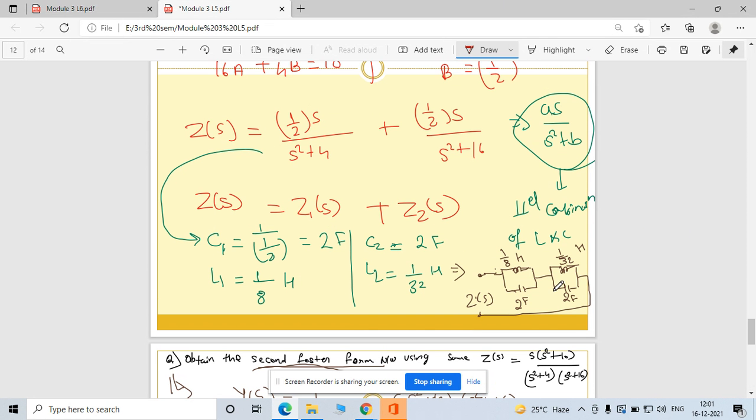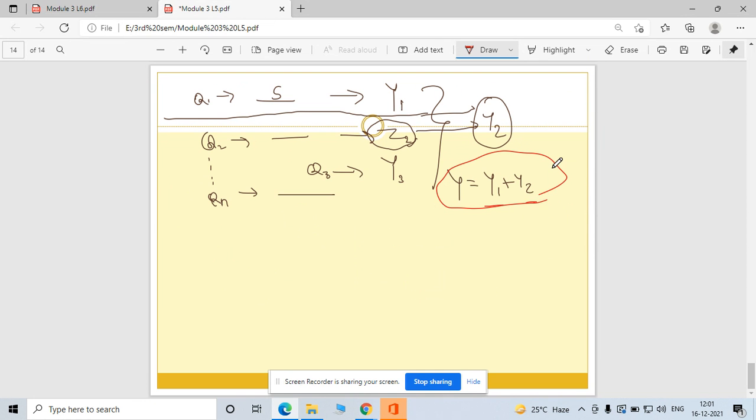This is nothing but your Z1, and this is your Z2, and each Z1 is a combination of 2 elements. So total is 4 elements. In a similar way, I hope this is clear to you.